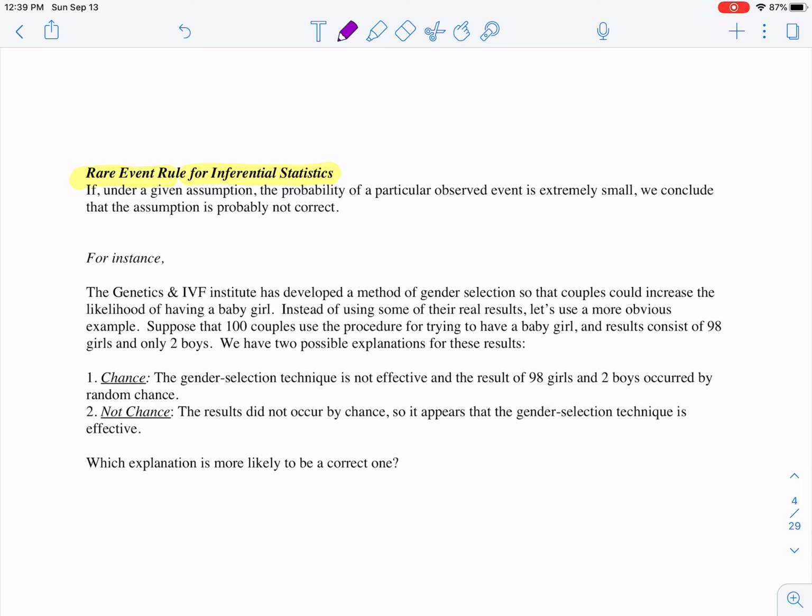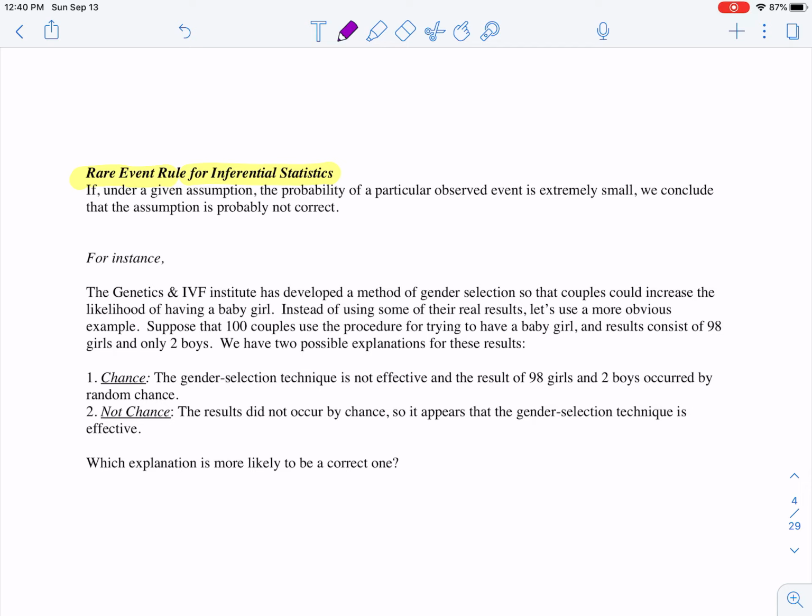So this next example kind of gives us an idea of where we're heading as well. It says here, for instance, the Genetics and IVF Institute has developed a method of gender selection so that couples could increase the likelihood of having a baby girl. So if you want to give birth to a girl, you would use this gender selection method, and they claim that it increases the chance of giving birth to a girl.